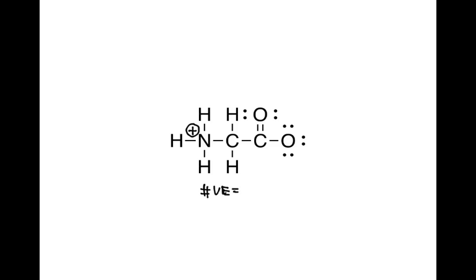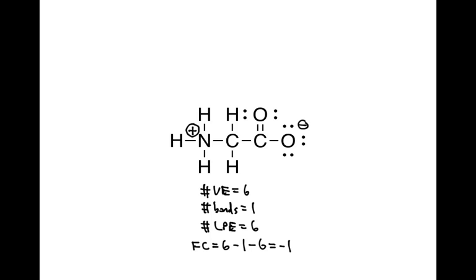So number of valence electrons is 6. Number of bonds is equal to 1. And the number of lone pair electrons is 6. Therefore, the formal charge on this very right oxygen is going to be equal to 6 minus 1 minus 6, and that gives negative 1.